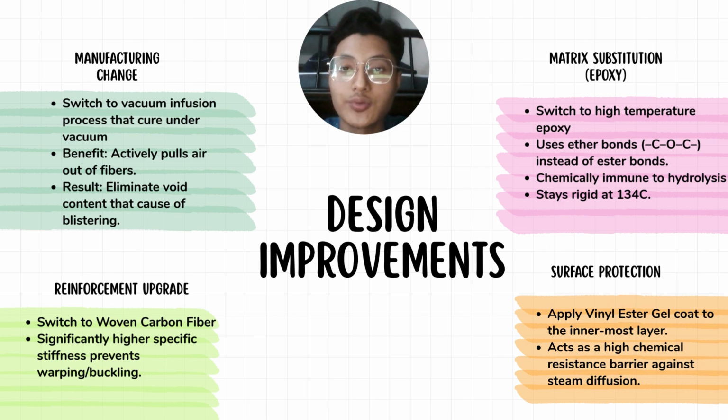We will switch to high temperature epoxy instead of polyester. This is because it contains ether bonds instead of ester bonds, which are chemically immune to hydrolysis. And lastly is surface protection. We will apply a vinyl ester gel coat as the innermost layer to act as a high chemical resistant barrier.